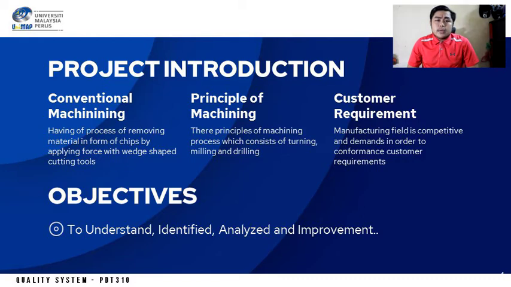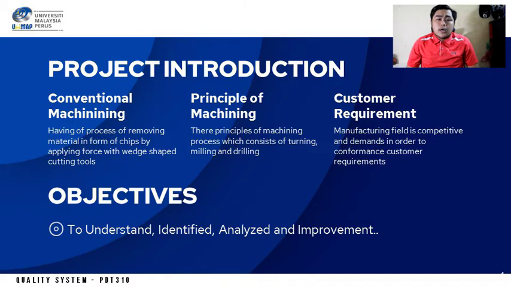But both turning and milling have the same characteristic: both are feeding processes. Feeding means the cutting tool is fed to the material and starts the material removal process. The drilling process is similar to milling, but drilling is only for hole making.